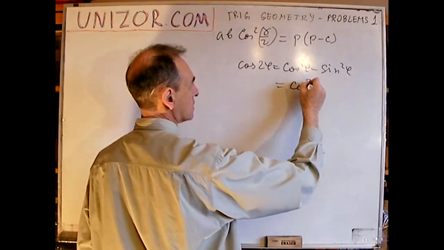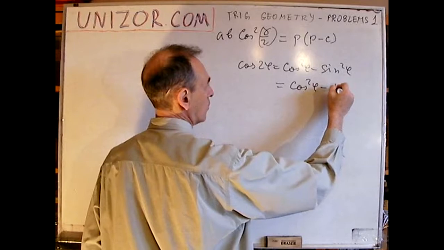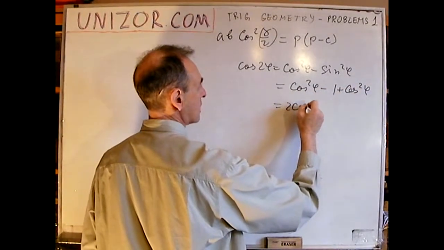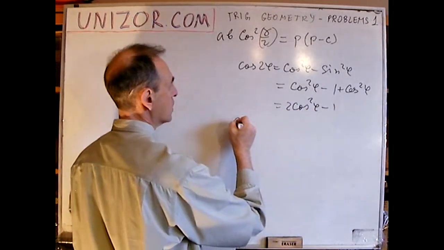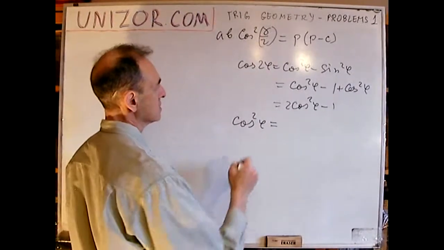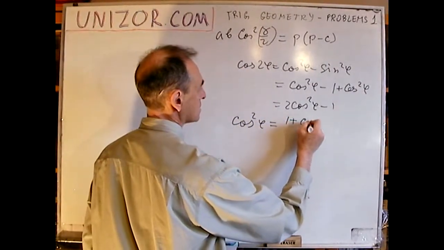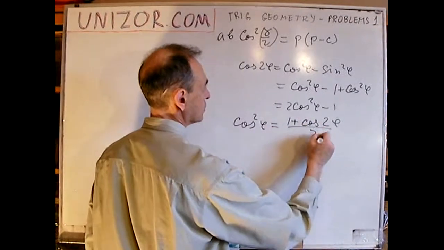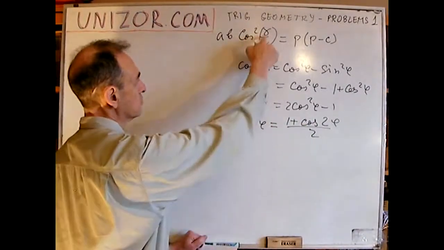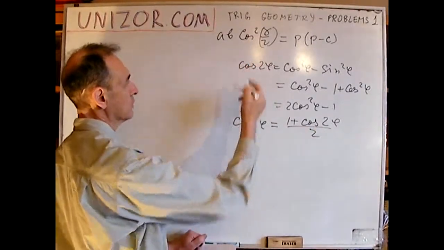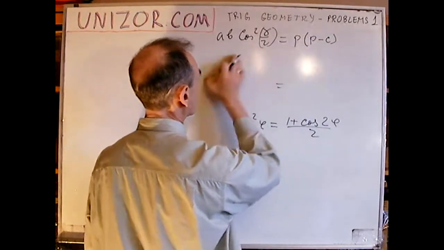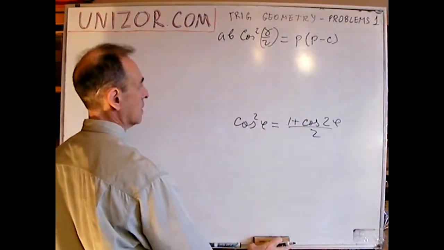So it will be cosine square phi minus 1 plus cosine square phi, which is 2 cosine square phi minus 1, from which we conclude that cosine square phi is equal to 1 plus cosine 2 phi over 2, right? And that's what I'm going to use here. So phi would be gamma over 2, 2 phi would be gamma. So my next formula is this.